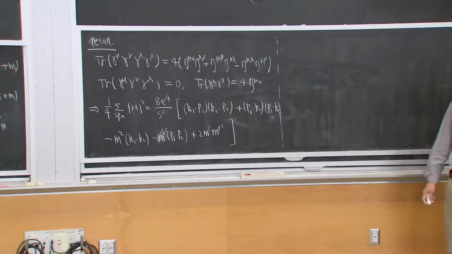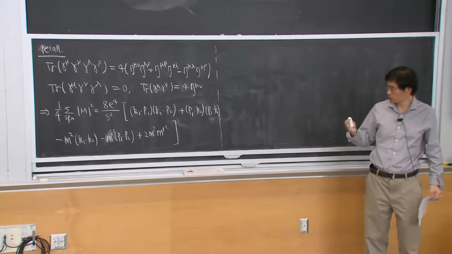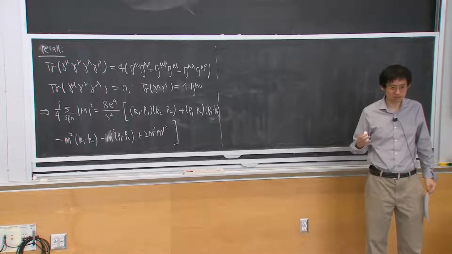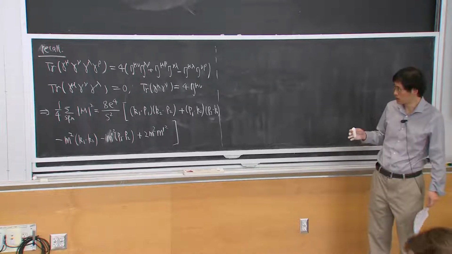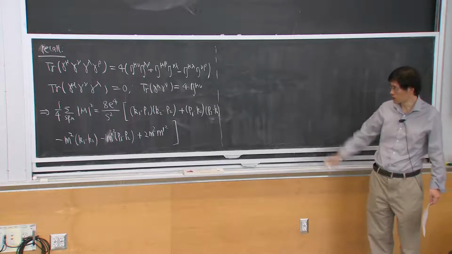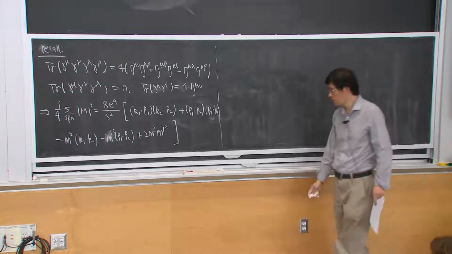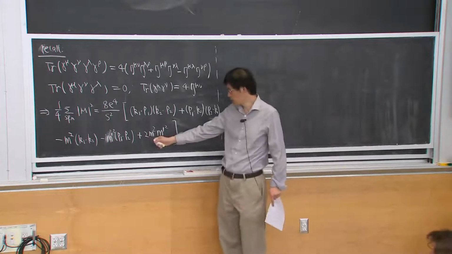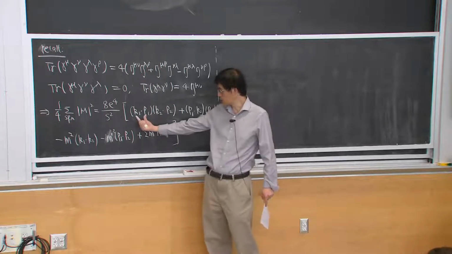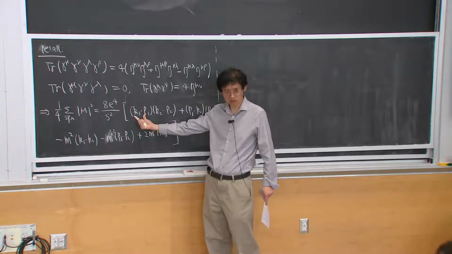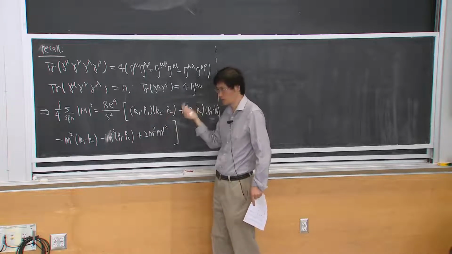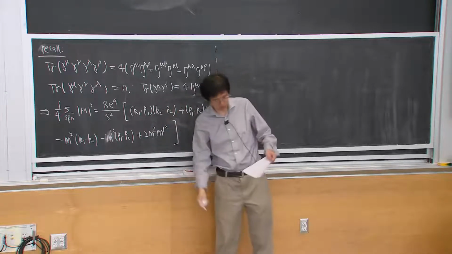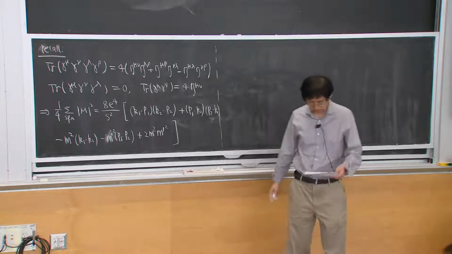So we discussed before that the amplitude square must be a Lorentz scalar, and so you see it explicitly here. It only involves either m square, m prime square, or the dot product of initial and final momenta. You see all kinds of combinations of the initial and final momenta appearing here.